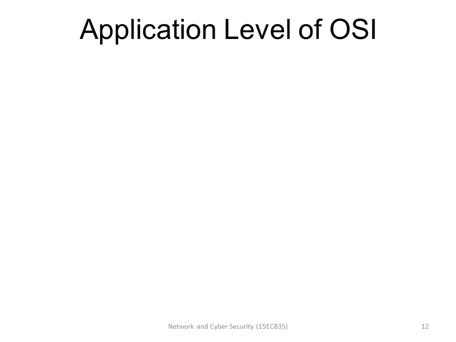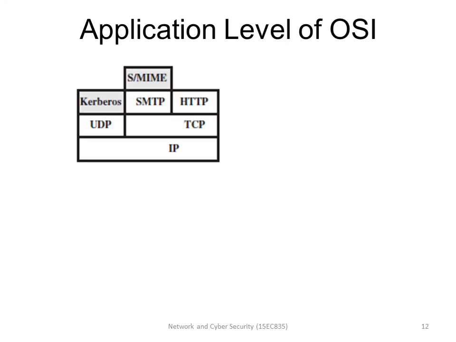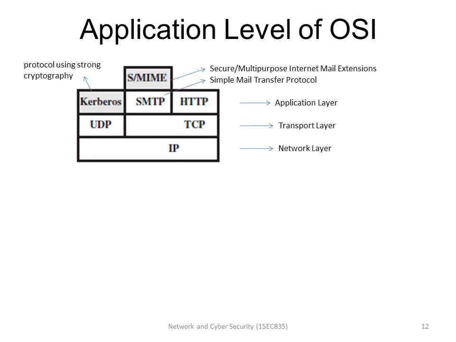Now let us see how we can build security at the application layer level of OSI. These are the protocols: Kerberos, which is a protocol using strong cryptography; then S/MIME, which is nothing but Secure Multipurpose Internet Mail Extension, which we will see more elaborately in module 2; and SMTP, which is the Simple Mail Transfer Protocol.